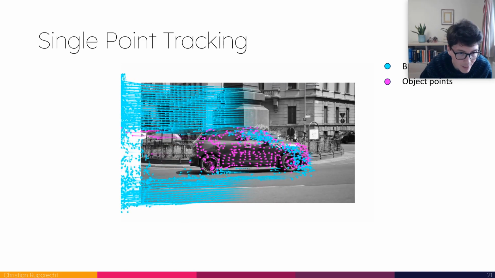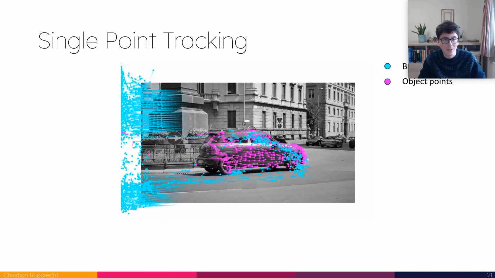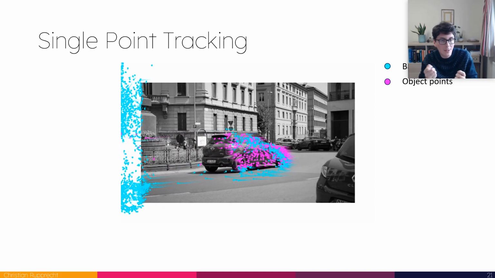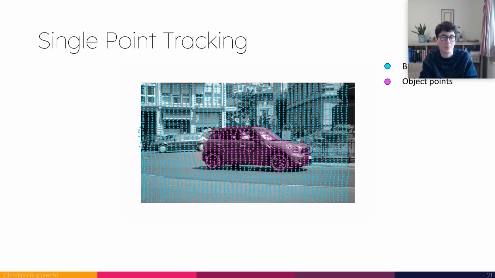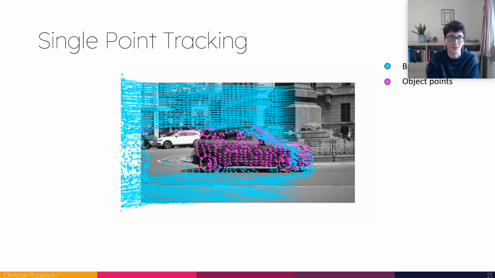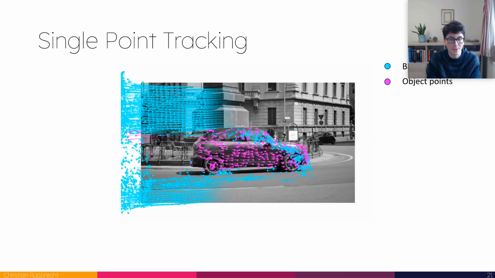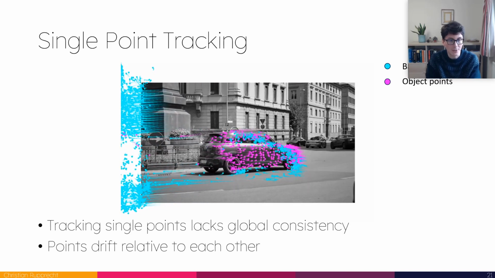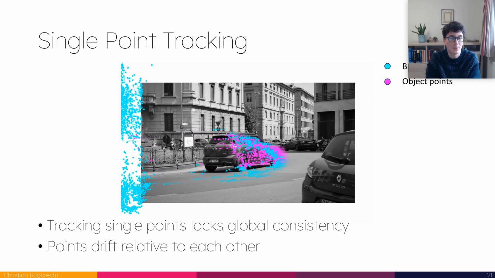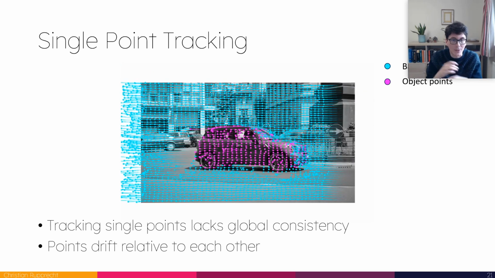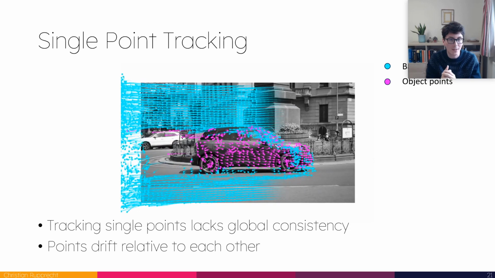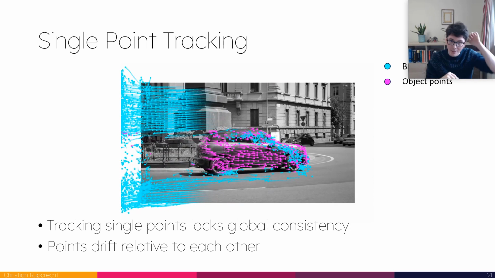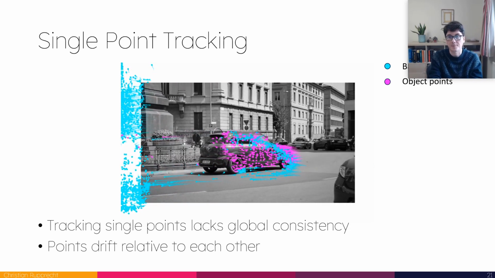So this is single point tracking, where we track each point individually, but we start with a grid of points in the first frame and follow the points along. And you can see that when you're tracking individual points, you lack global consistency. So the points drift relative to each other and nothing is really stable.